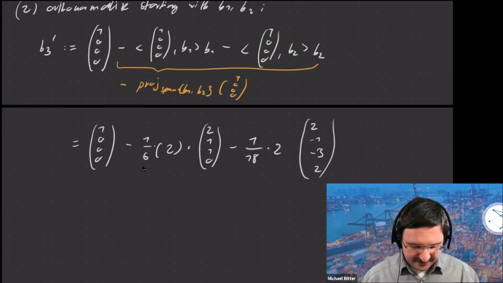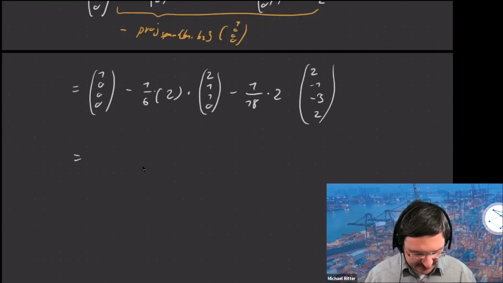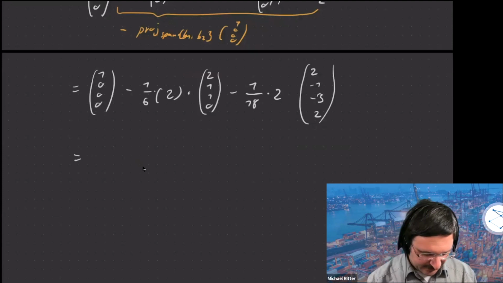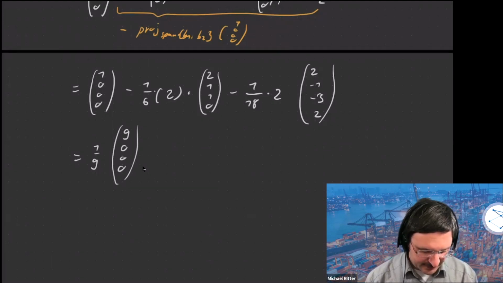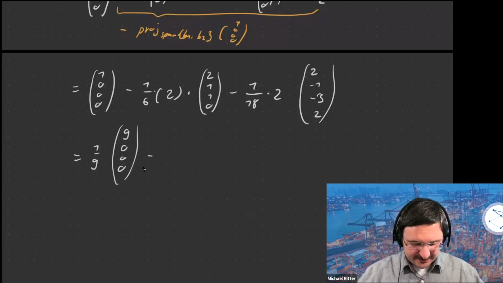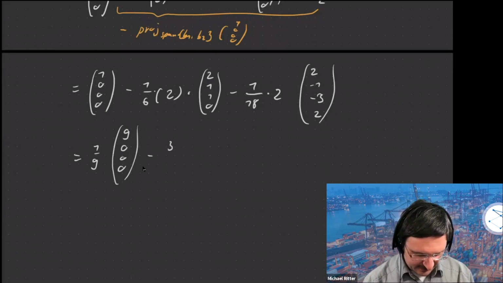So that's what we get here. And let's see, what does that mean for the result? We have 9ths, so let's bring that to 9ths each. So this is 1 over 9 times 9, 0, 0, 0, minus 2 over 6, which is 1 over 3, which is 3 over 9. So that's 3 over 9.